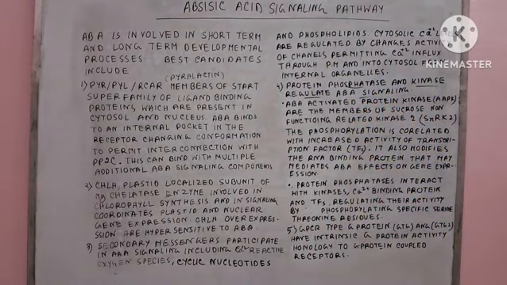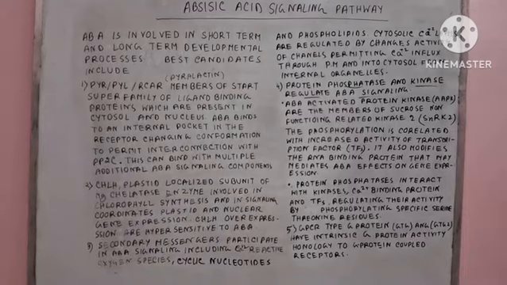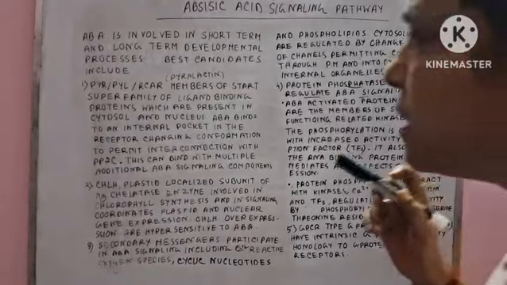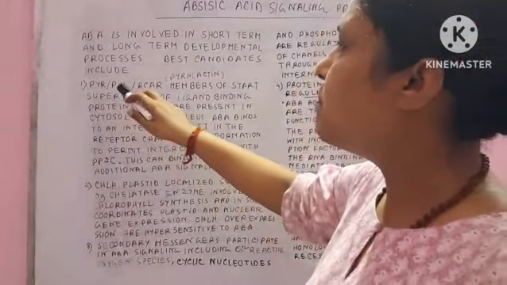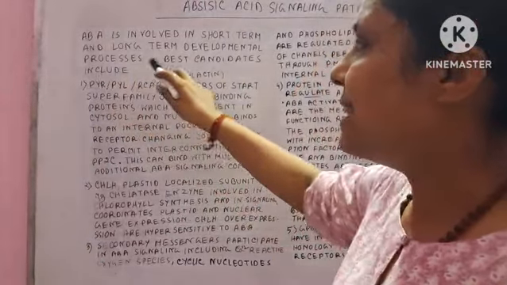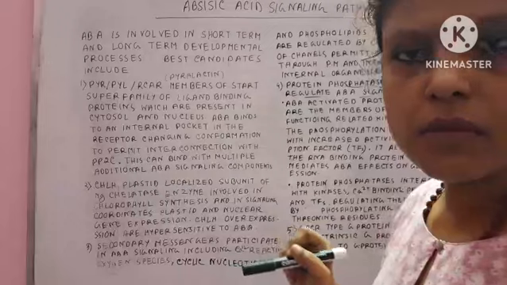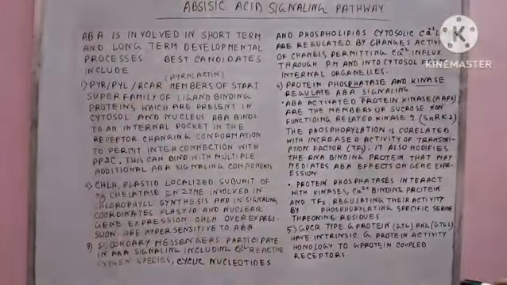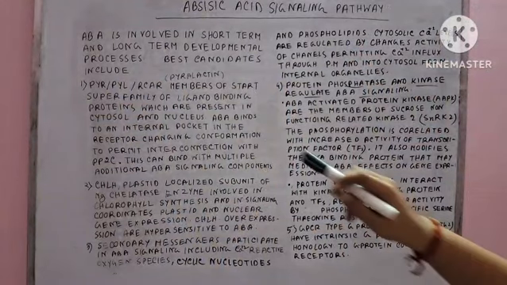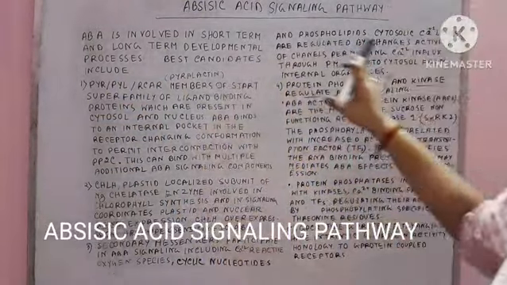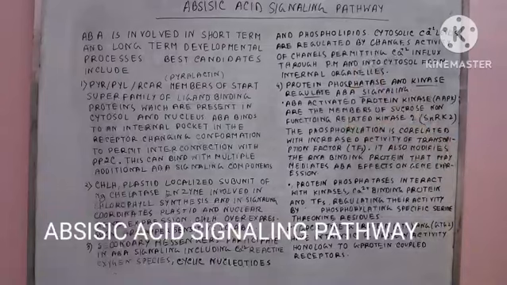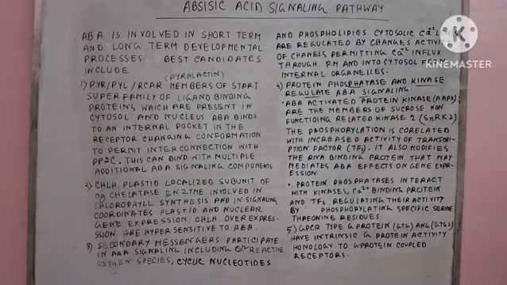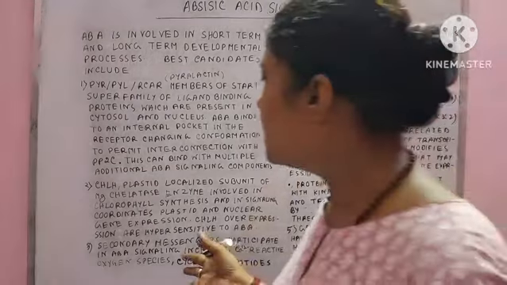And here one thing is that PYR and PYL are the receptors, which are one kind of protein, on which ABA binds to an internal pocket. Clear? So these are all the factors involved in the abscisic acid signaling pathway.